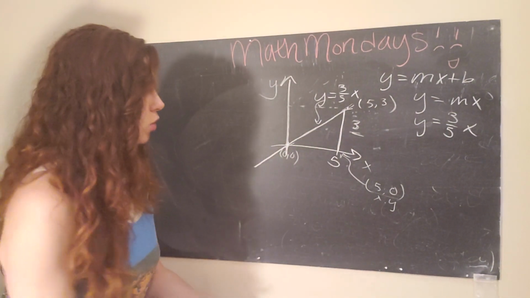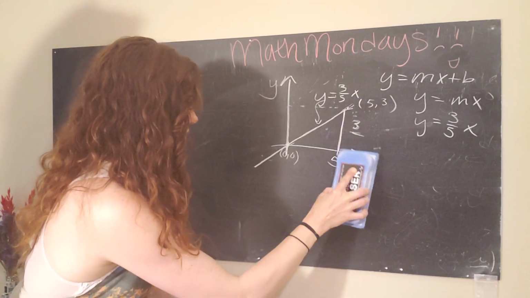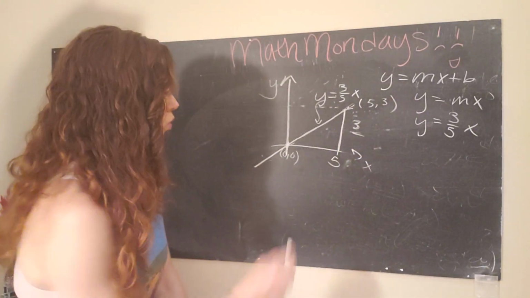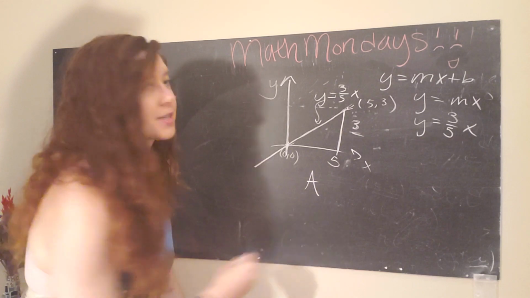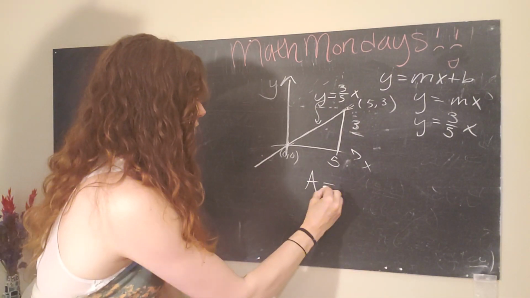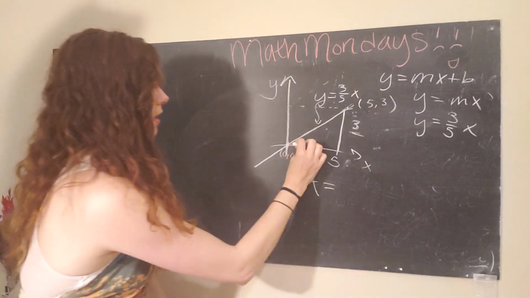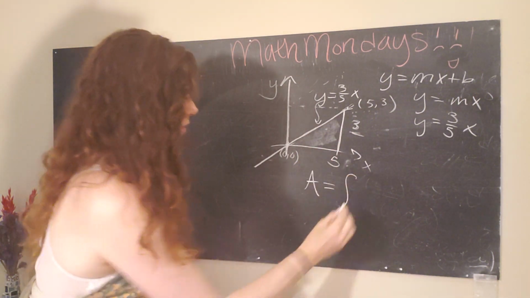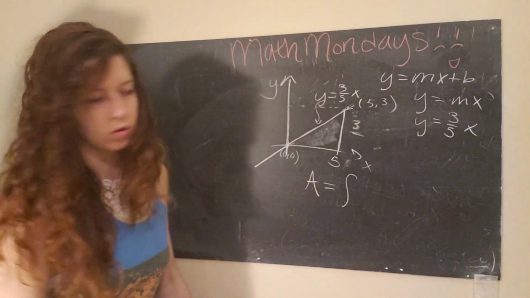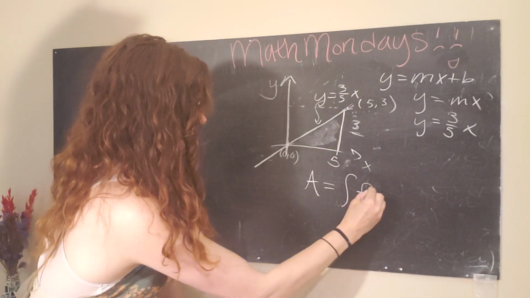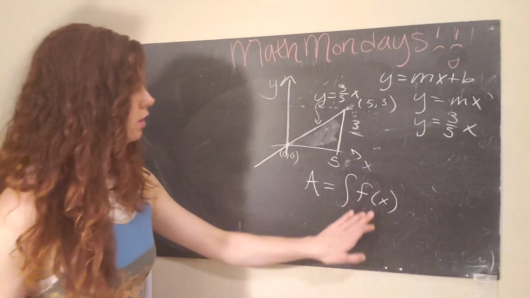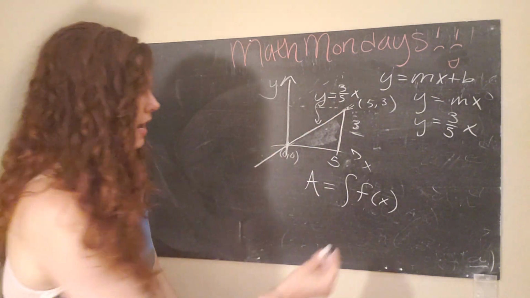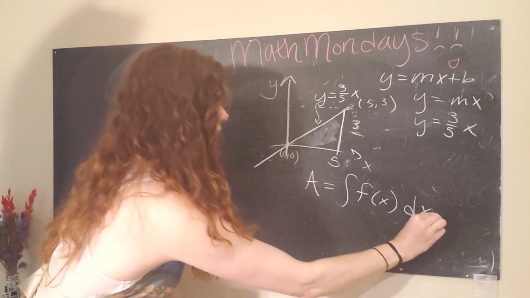Okay, so now we know, and this is kind of a given, so take this with a grain of salt, the area under this line equals the integral of our function with respect to x times dx.